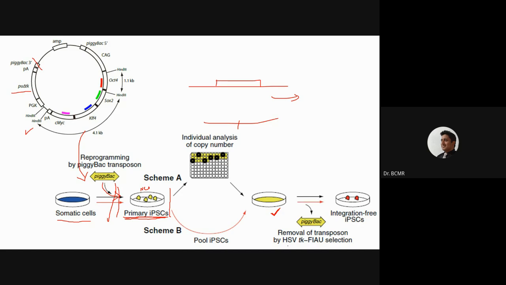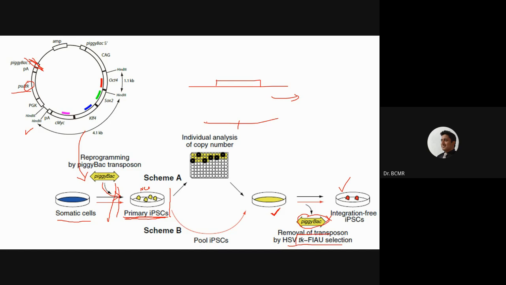We can use the ganciclovir-like selection using the thymidine kinase. So that is negative selection. Those cells from which the piggyBac transposon has been removed will survive in medium containing ganciclovir. And any cells still having the piggyBac transposon will be killed, because the borders of the piggyBac transposon also have this thymidine kinase.